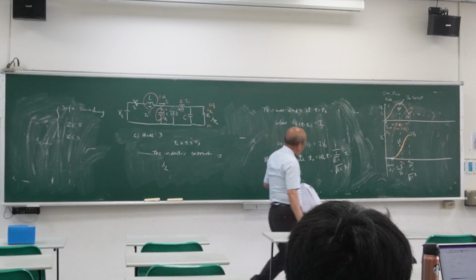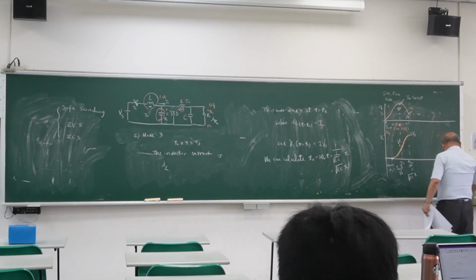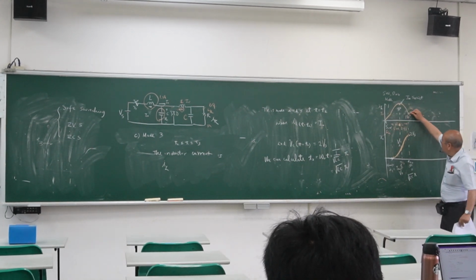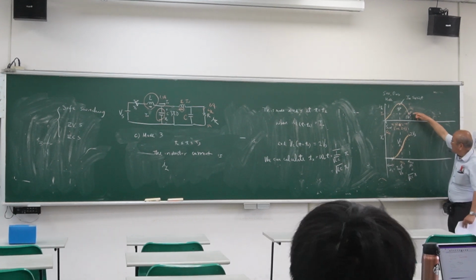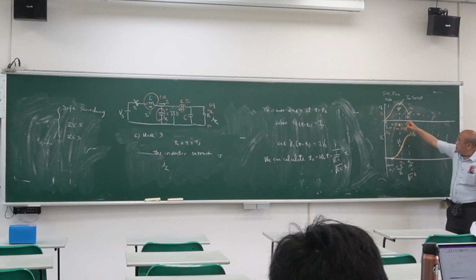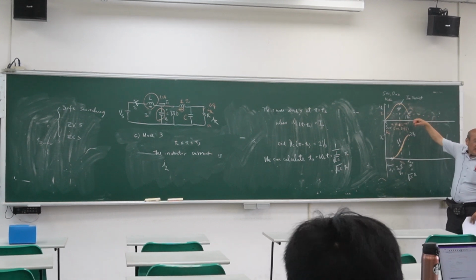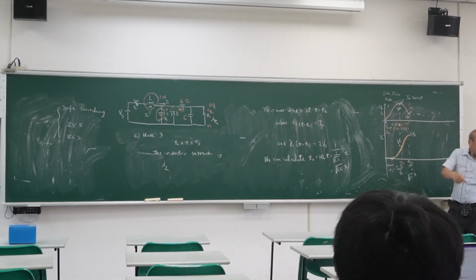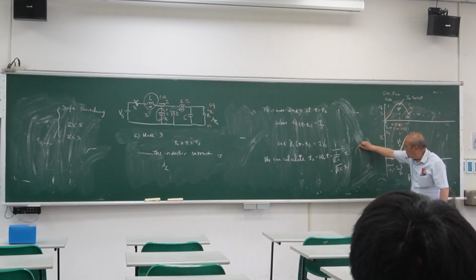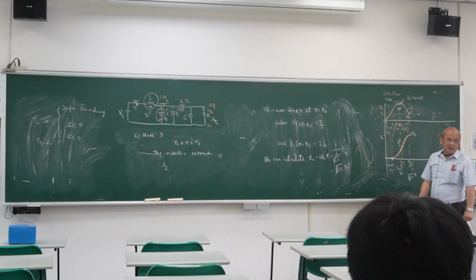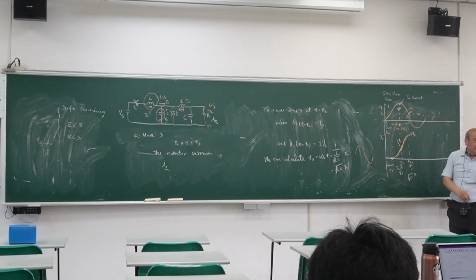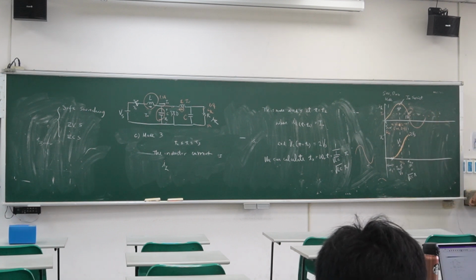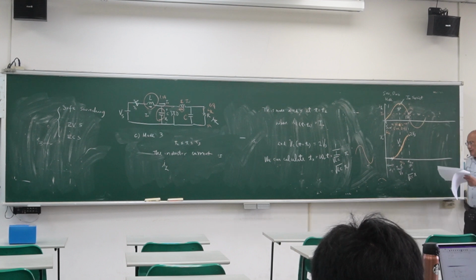However, what happened? If this is LC oscillation, then can you imagine the next time? This is positive. How about the next part? Negative. So resonance should be like this. So we want to go this way, right? Okay, so we want to go this way.